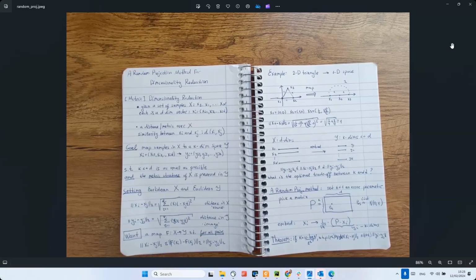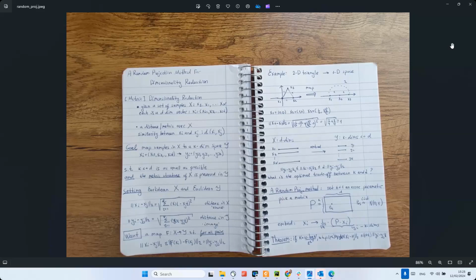If you set k to be large enough, you're guaranteed with high probability, because this is a randomized algorithm, since you're picking a subspace randomly, that all the pairwise distances will be preserved.